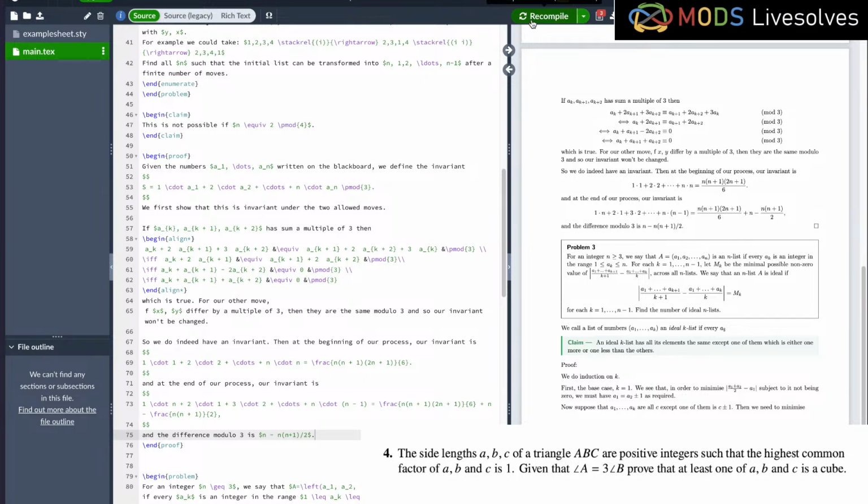Yeah. Yeah, I'll fix the formatting too. 2, 4, 3.